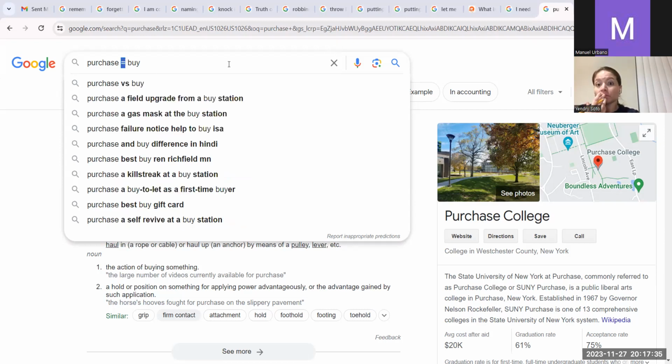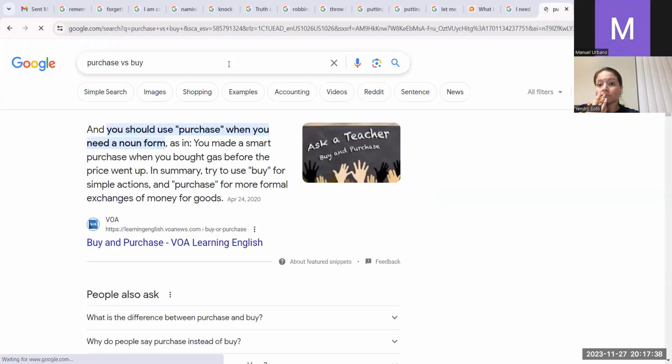But if we say purchase versus buy, when you need it as a noun, it's a verb, but it's used more when you want to say shopping. You say shopping, but shopping doesn't mean that you purchase. They have those differences, we don't. Purchase is formal. You have a receipt, you have everything.